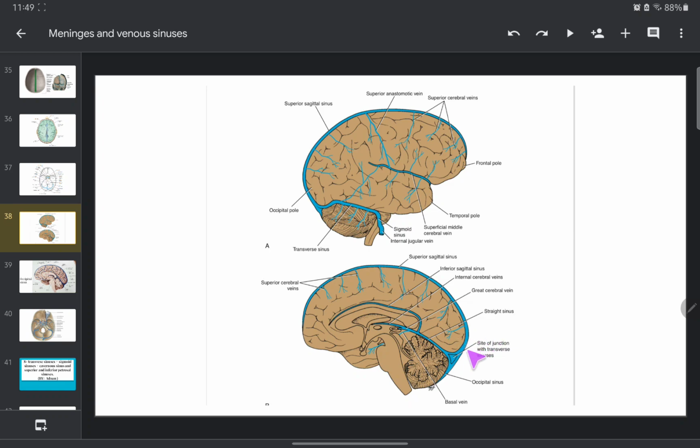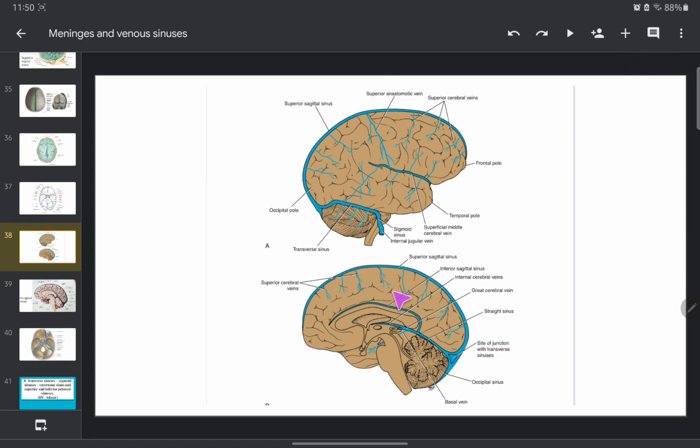So that's all for the inferior sagittal sinus. Now the next sinus is the straight sinus, and you already know its origin, which is the termination of the inferior sagittal sinus joining the internal cerebral veins, forming the straight sinus.